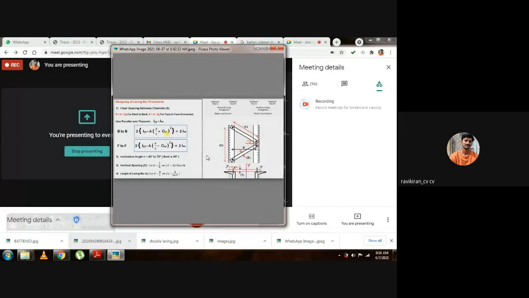Just check. Between the consecutive lacing connection is not greater than 50, or it should not be greater than 0.7 times the most unfavorable slenderness ratio for the member as a whole. While solving the problem, you will understand this.